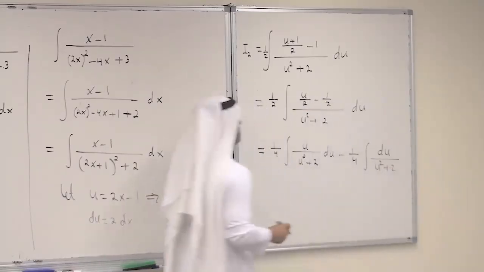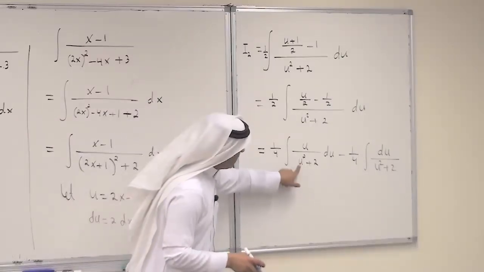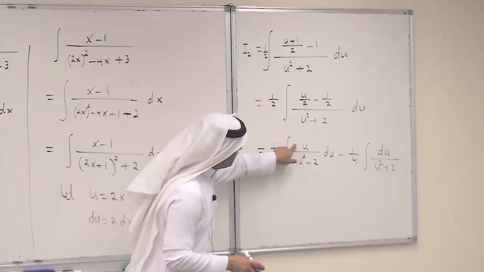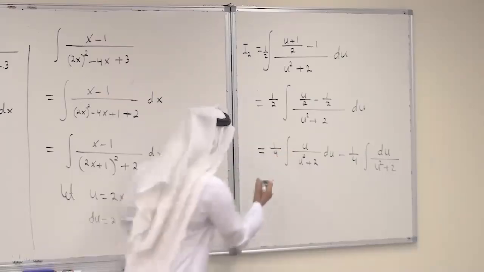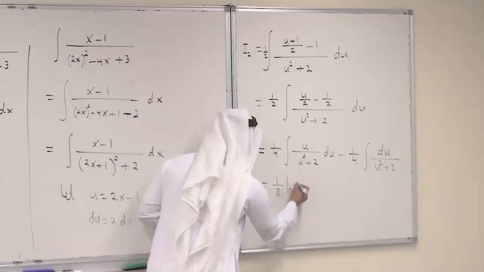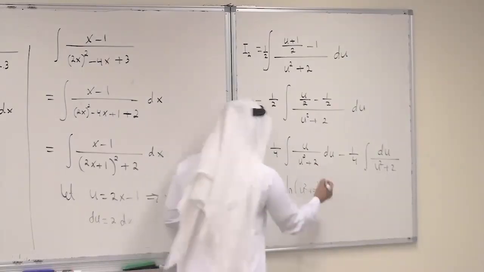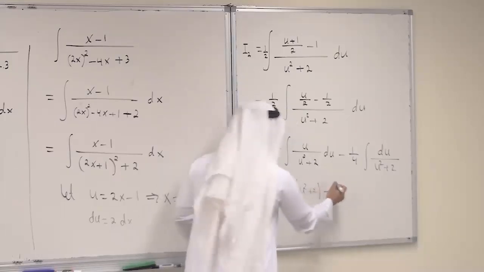Now, each one of these is simple to integrate. What we need here is the derivative of this, and the derivative is 2u. So I need to multiply by 2, divide by 2, so this will give me 1 over 8 ln of whatever we have here, u squared plus 2. Okay? And the last one here we have minus 1 over 4.